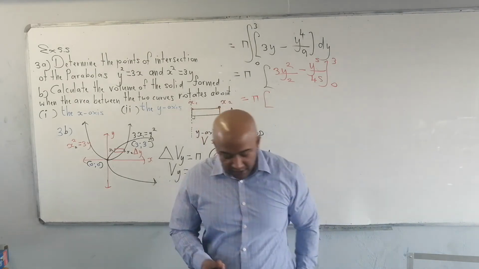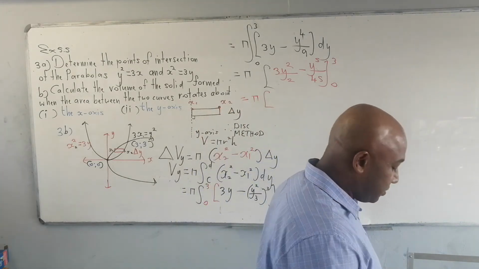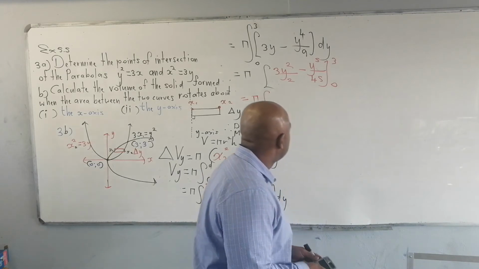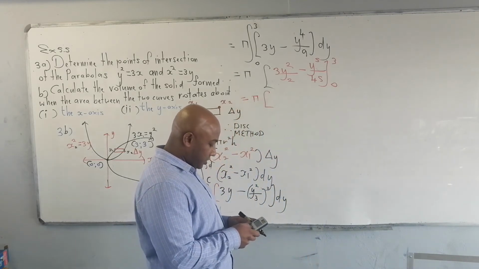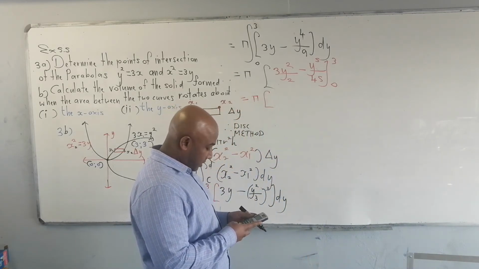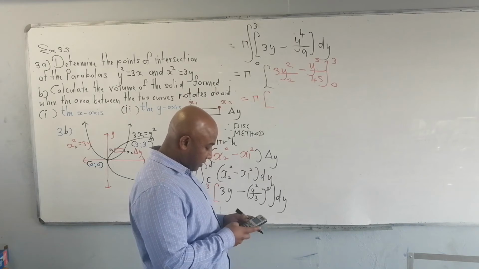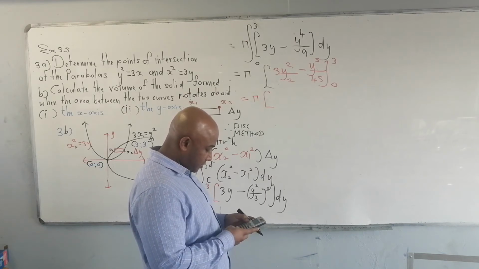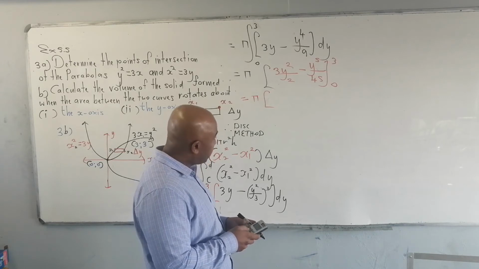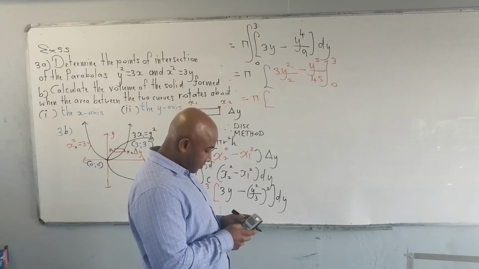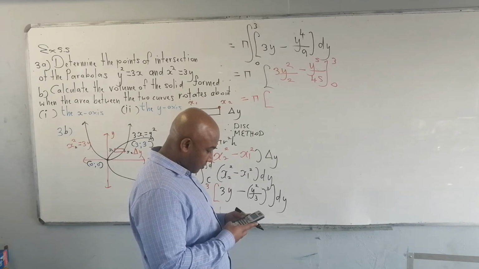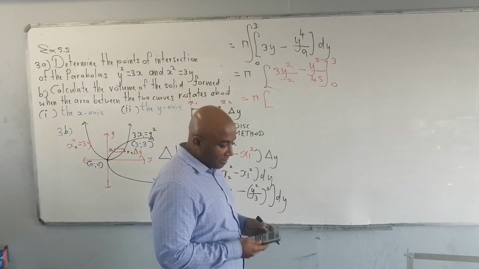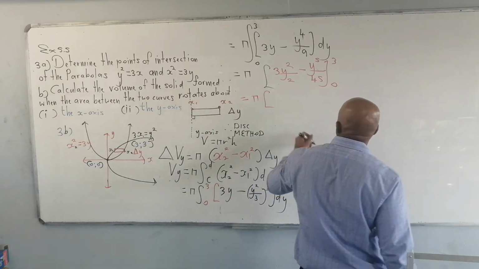If I'm not mistaken, this looks like what we had for the x-axis. So I got 3 over 2 minus 1 over 45. Let's see. 3 over 2 minus 1 over 45. Now we get the same answer. Same thing.